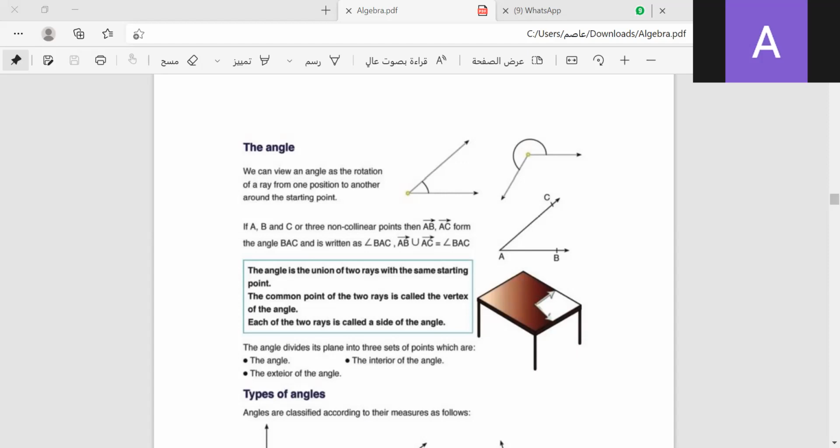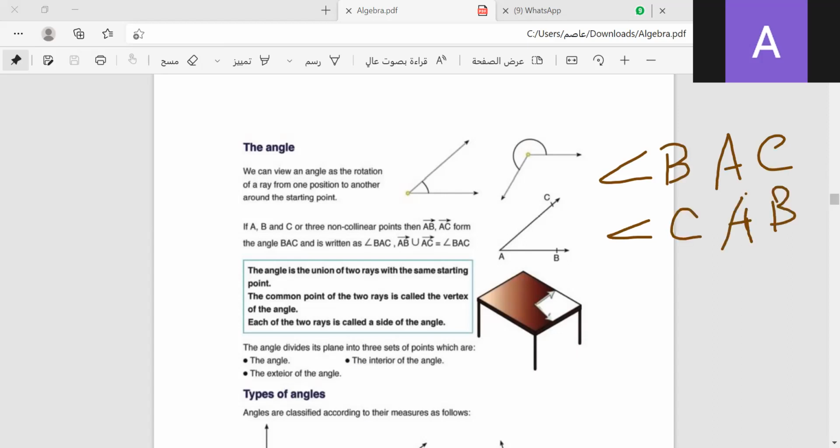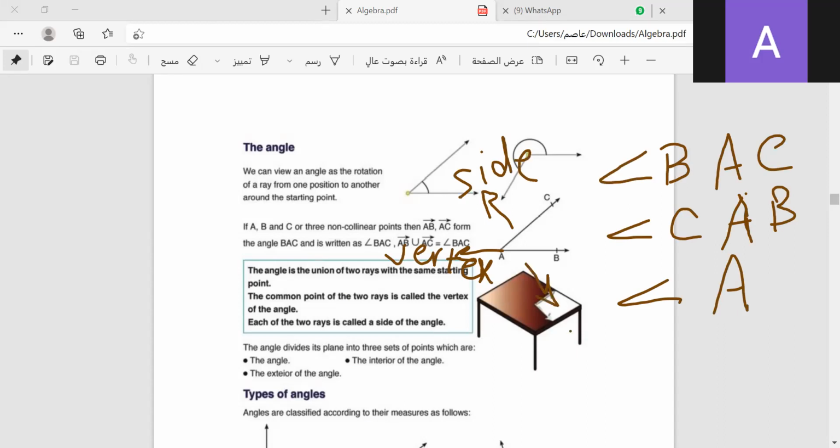This angle called angle BAC or angle CAB, or we called it angle A. Angle A. A here is called vertex. A is called vertex. AC is called side, and AB also is called side.